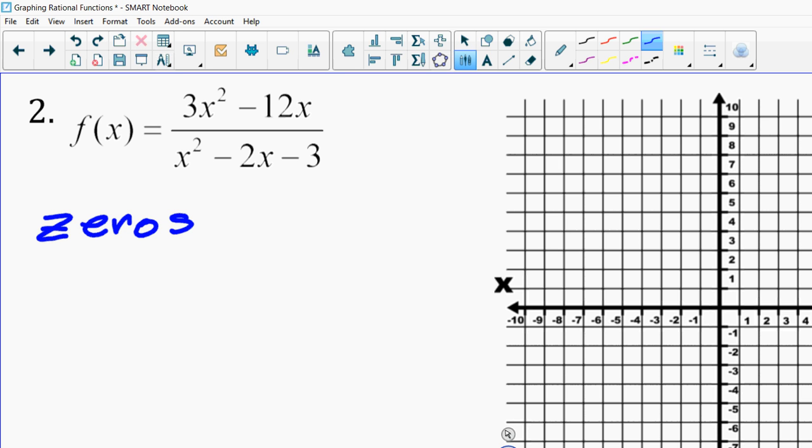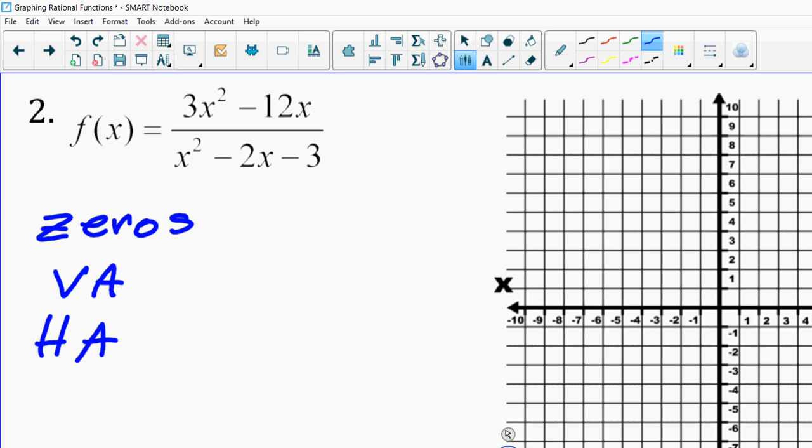Zeros, horizontal asymptote. I'm going to try to put them in the same order every time. How do you find zeros?